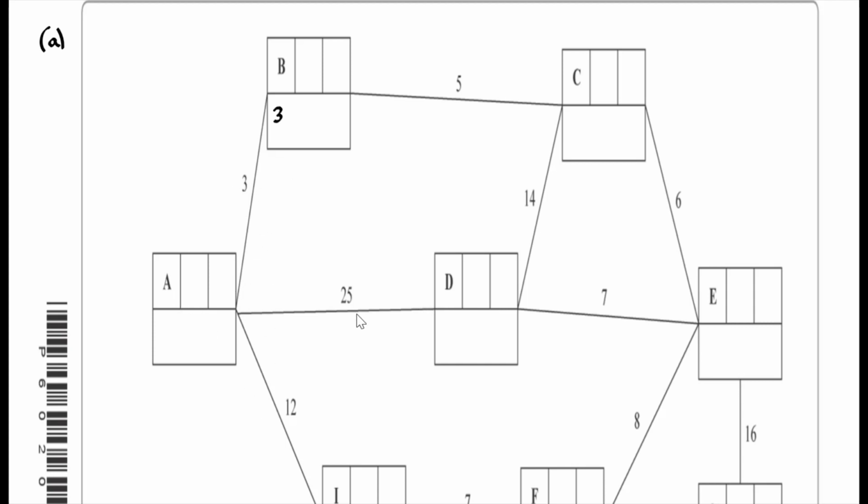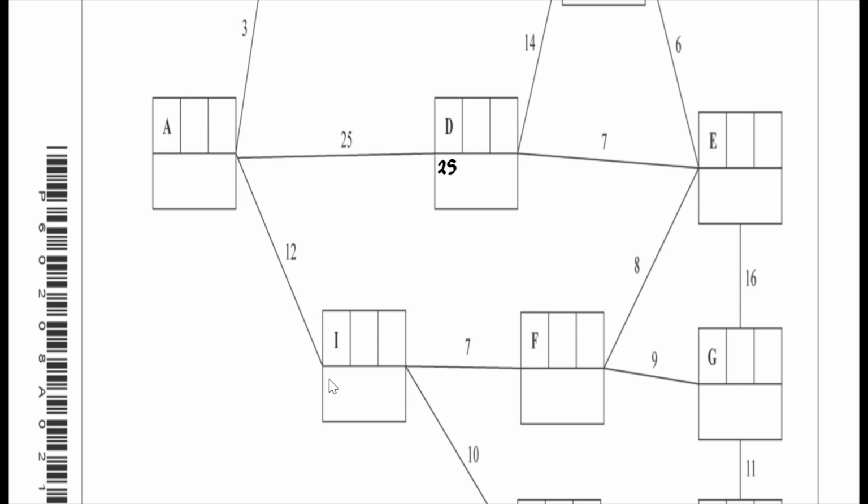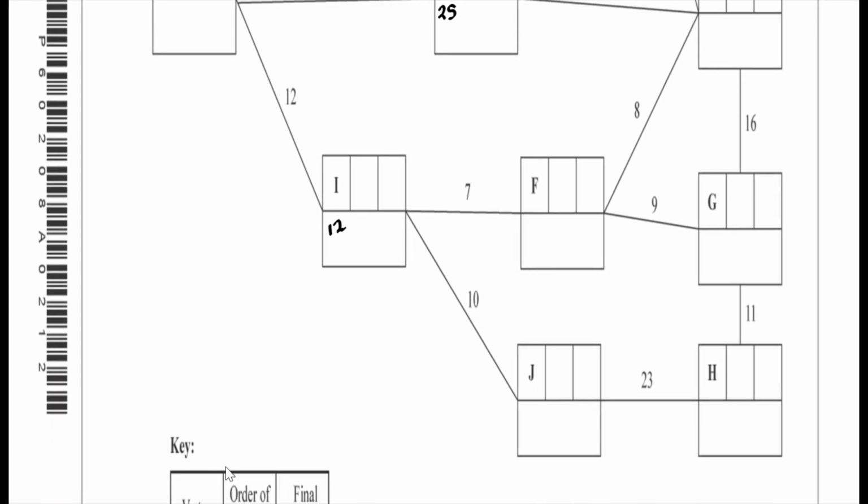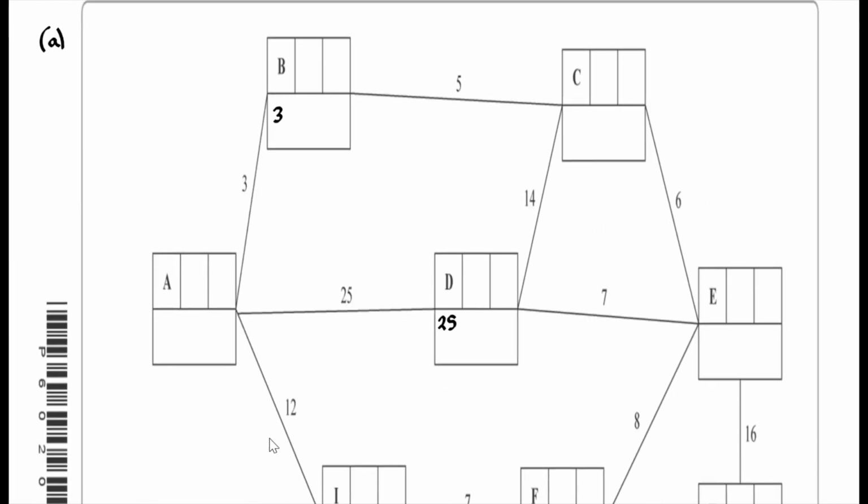A to D, that's 25. And then A to I, that's 12. The smallest one so far, you'd find that to be 3. So therefore, in the order of labeling, B goes second. And the value we take forward is this 3 over here.